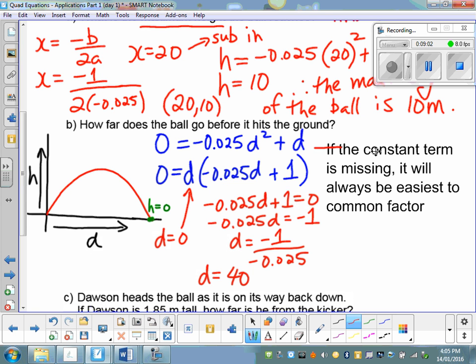Now I need to look at my two answers. The horizontal distance for this question is not 0, because that is what it was at the start here. They want to know how far does the ball go before it hits the ground. So we are not going to use this answer, but we will use that answer. That's the correct answer to this question. So therefore, the ball went 40 meters before hitting the ground.